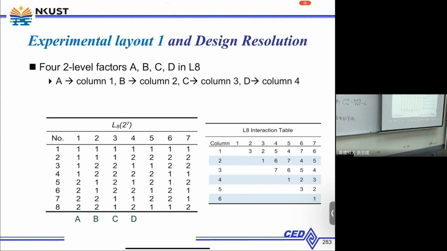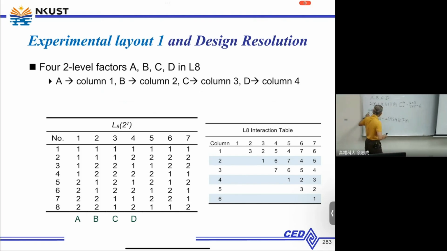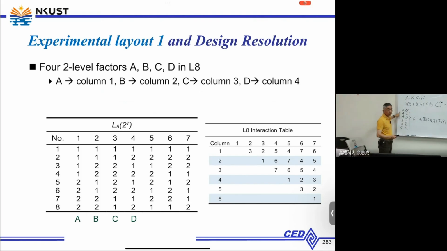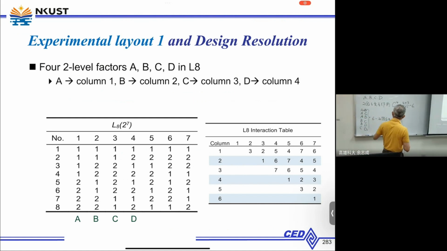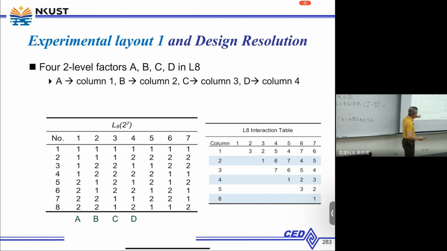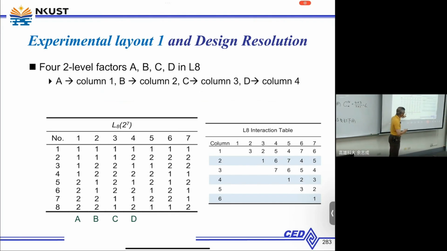You need to use the interaction table to find out where these interactions will be. Which column will it happen in in the orthogonal array? So here, for instance, A and B. A is in column 1, B in column 2. So look here, columns 1 and 2, you can see interaction AB will happen in column 3.